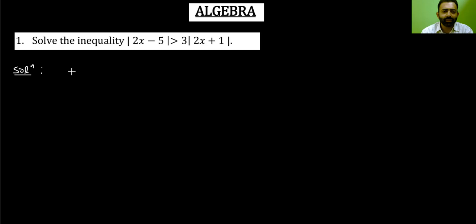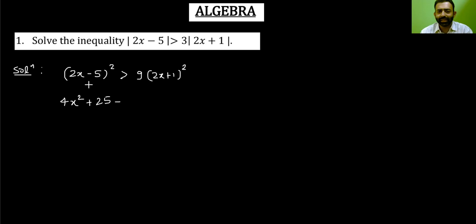So after squaring, I am just writing it straight away. (2x minus 5) whole square is greater than 9 times (2x plus 1) whole square. Okay. Now applying the formula of (a minus b) whole square, this will be 4x square plus 25 minus 5 into 2 is 10, x into 2 is 20x, so minus 20x.